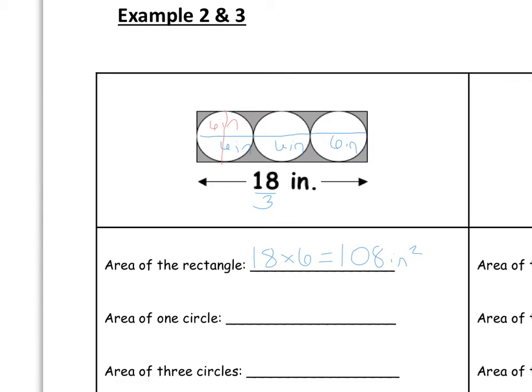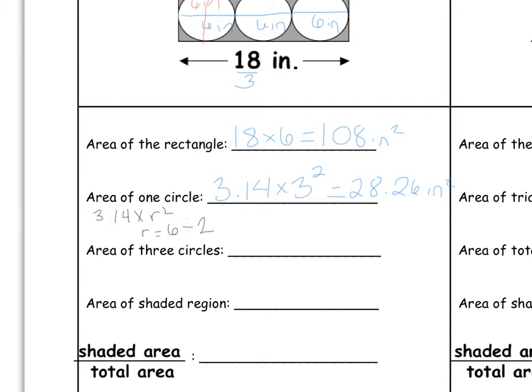Now to get one circle, we know we're going to do 3.14 times radius squared. If all the way across is 6, to get r, we would say 6 divided by 2. And that's why we would do 3.14 times 3 squared to get 28.26 inches squared.